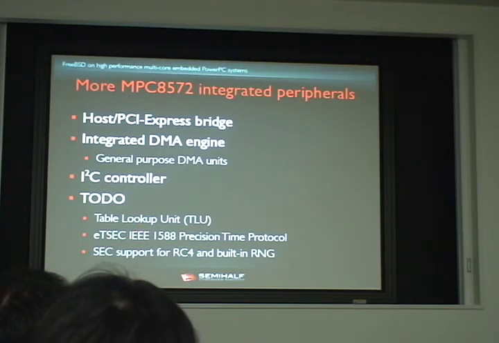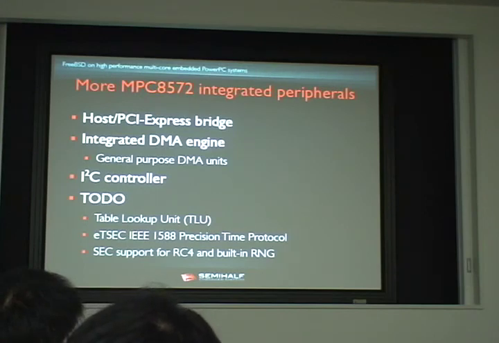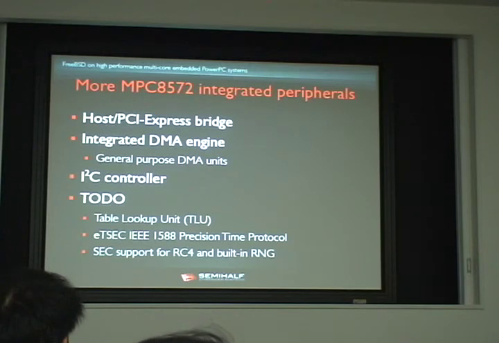A couple of to-dos. The silicon also includes an interesting unit, which is the table lookup engine. It can do complex table lookup searches in hardware. So it's kind of complementary to the pattern matching thing.